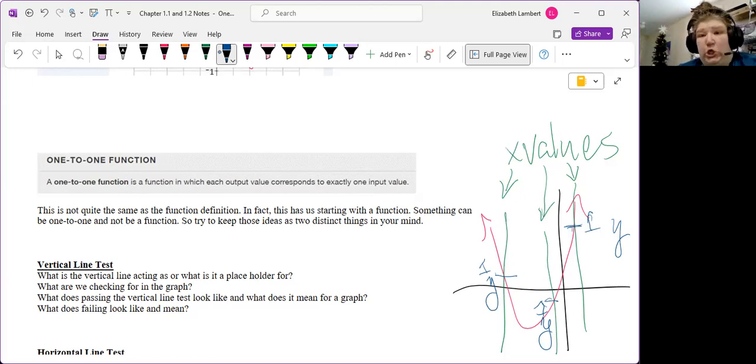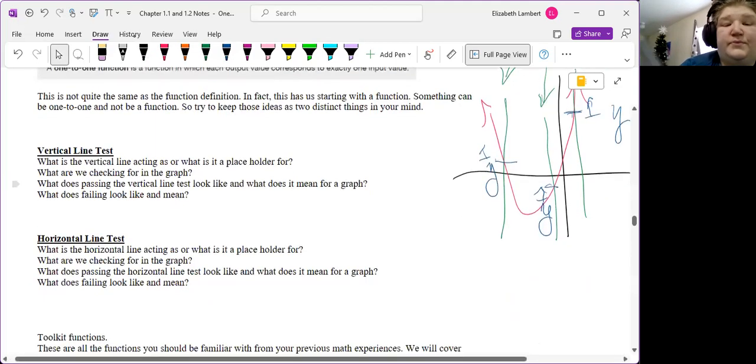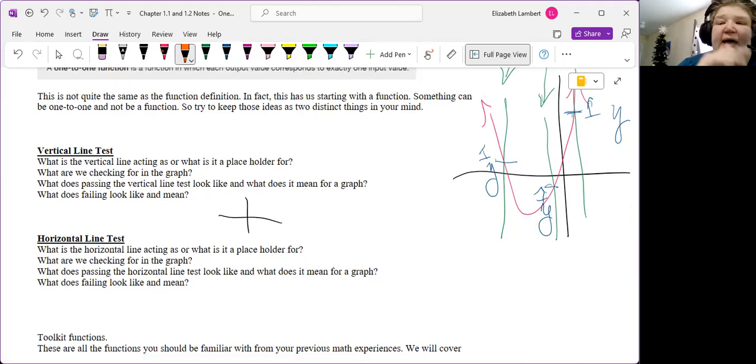What does failing look like? So if a graph is not a function, let's go orange, then the graph has to have a place where there's more than one y value for one particular x value. So let's kind of sketch in here.